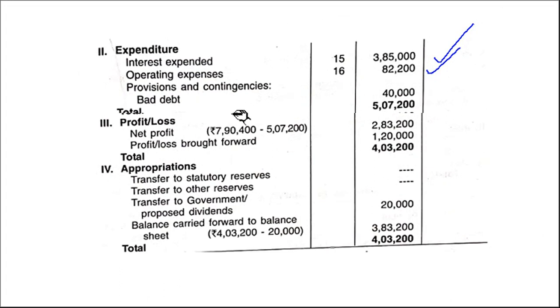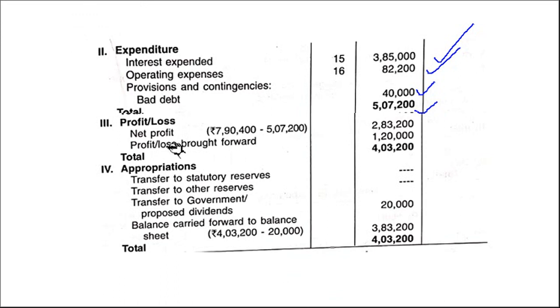Under this, we have to write the bad debts or any other provision. So bad debt is given in the problem, 40,000. The total of this is how much? 5,07,200. Now, the next one, we have to find out the profit and loss. How can we find out? It is the difference between Roman number 1, income, and Roman number 2, expenditure.